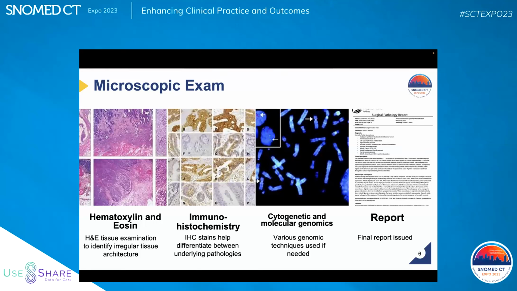They look at each slide and look for architectural patterns that are normal and architectural patterns that are not, and when they're not normal, they describe them. There's a second phase: depending on the type of cancer or when making differential diagnoses, they'll also use immunohistochemistry to determine basically the proteins that are there.